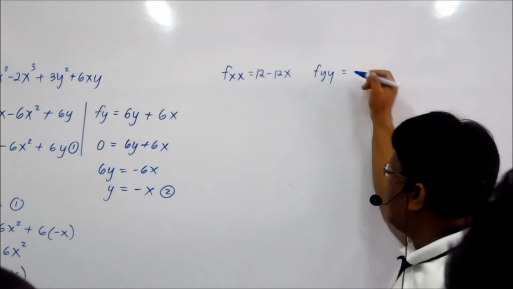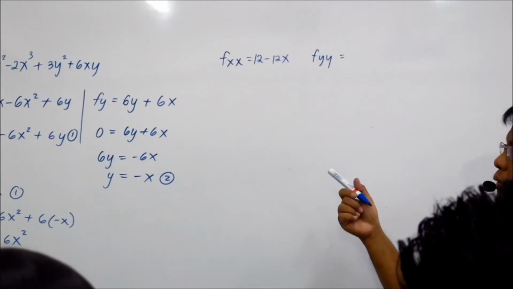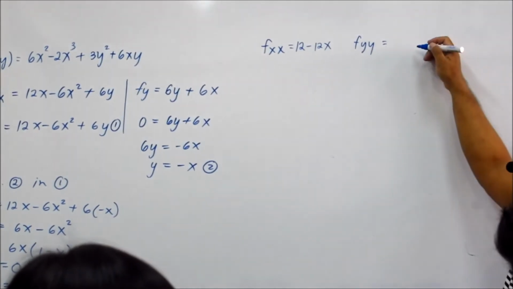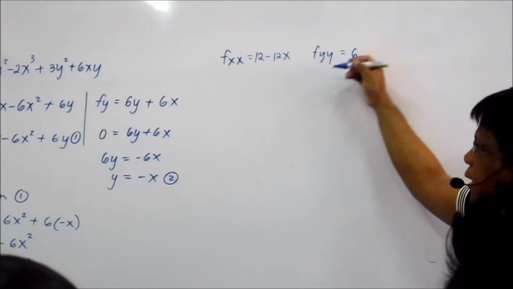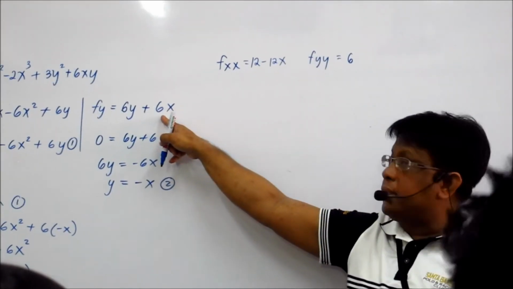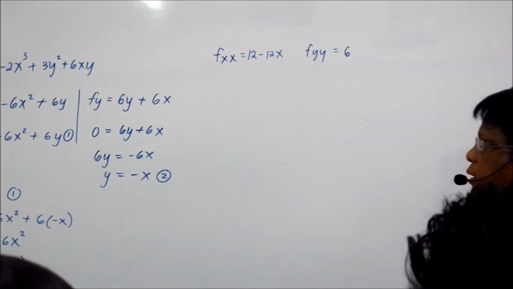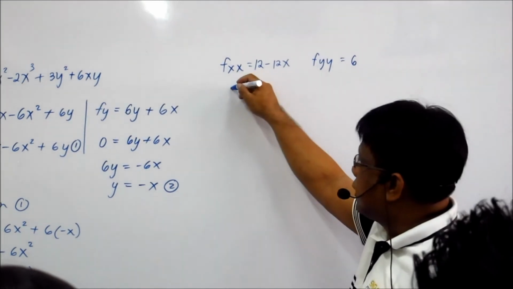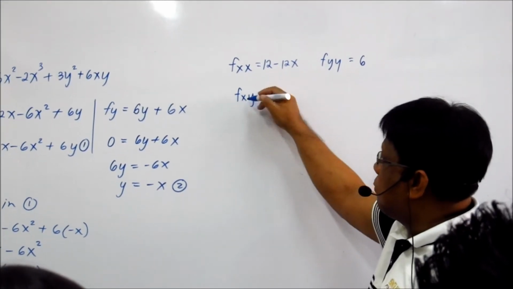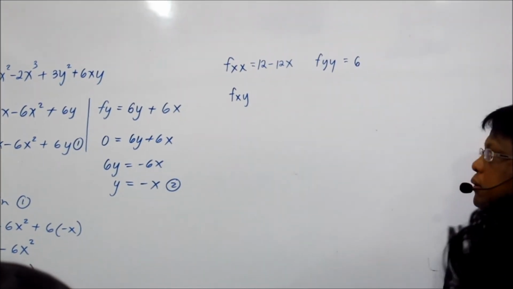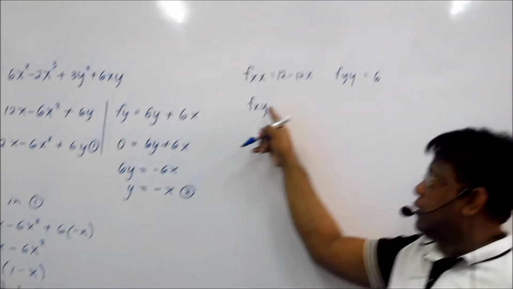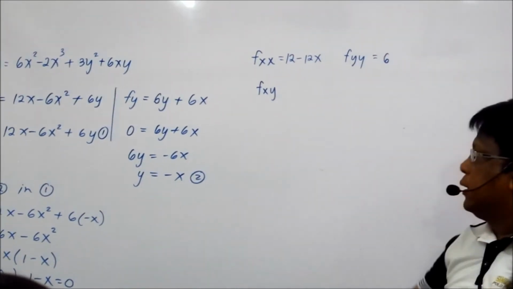Then we have the second order partial derivative with respect to y. So differentiate 6y, it's simply 6. Then what about 6x? Since x is a constant, the derivative is 0. Then let us also define the mixed second partial derivative, taking it from the first derivative of x.